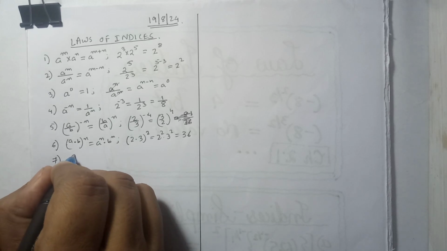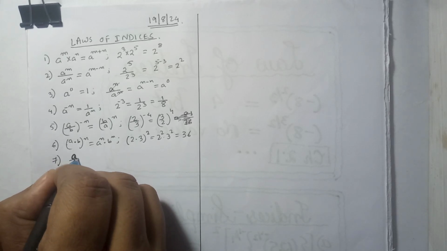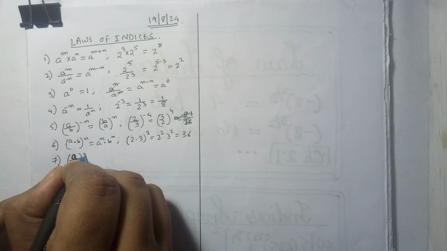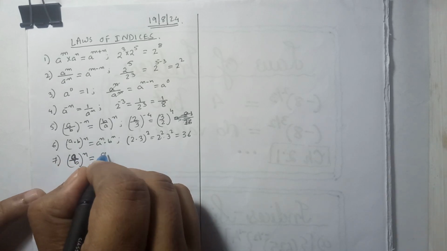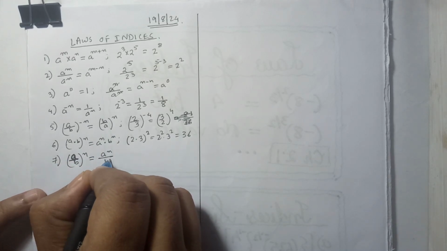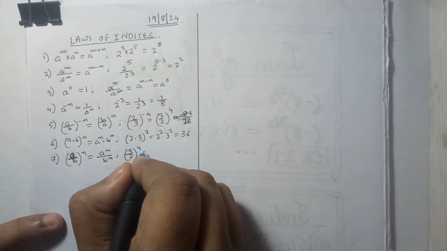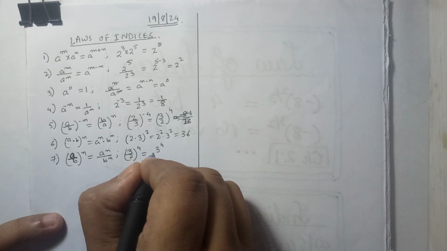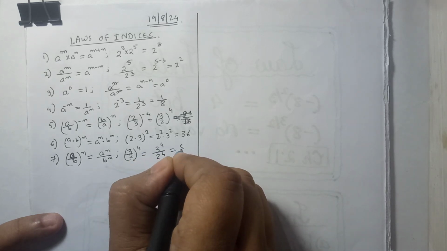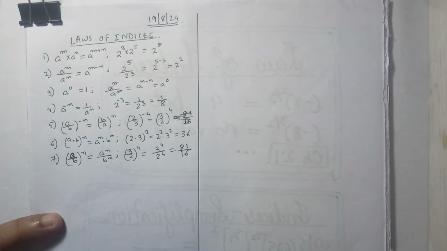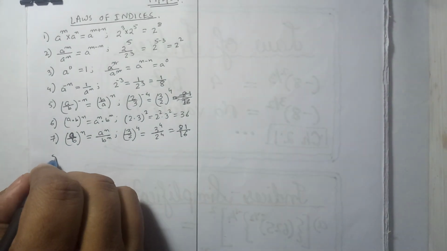7. A by b to the power of n can be written as a to the power of n by b to the power n. So 3 by 2 to the power of 4 can be written as 3 to the power of 4 by 2 to the power of 4, which is 81 by 16. 8.